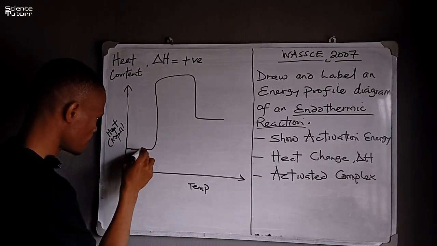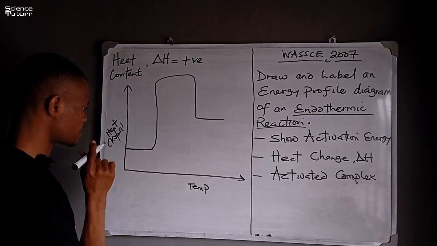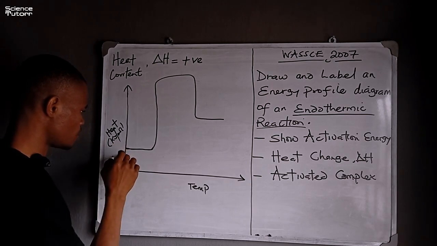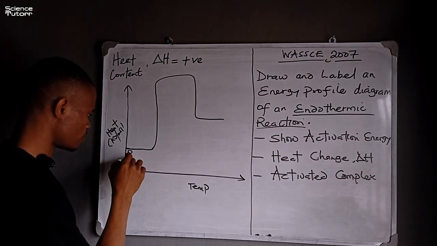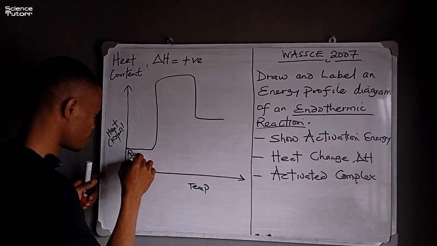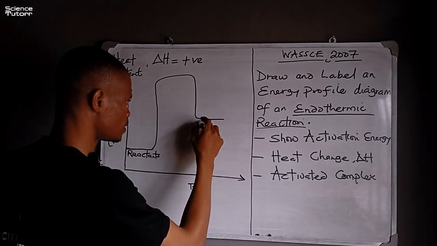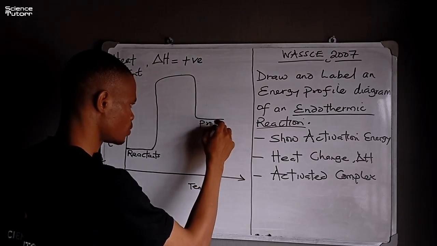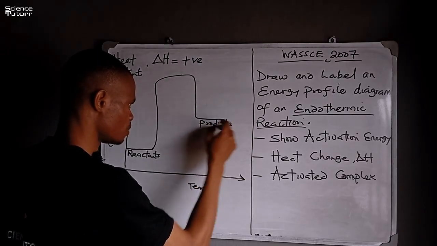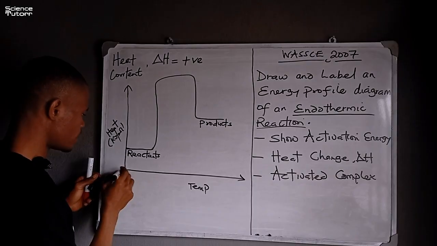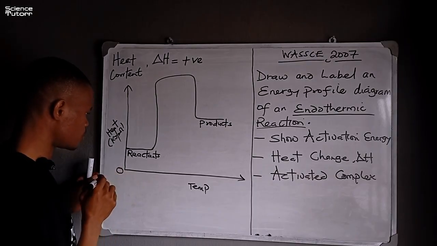At this point here, I have my reactants. So this will signify reactants. These are reactants. These are products. And let's assume we are beginning with zero kilojoule per mole.